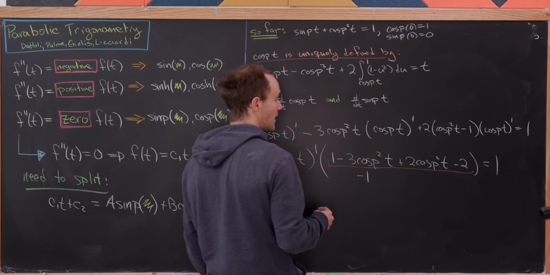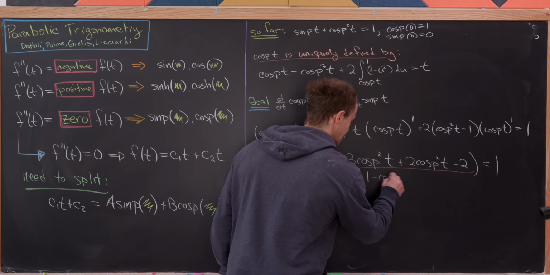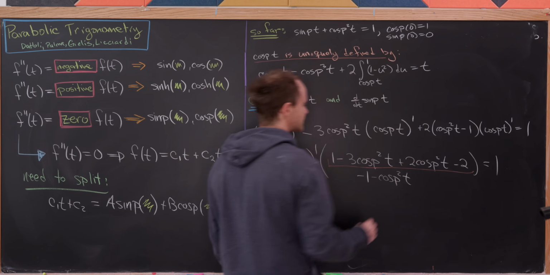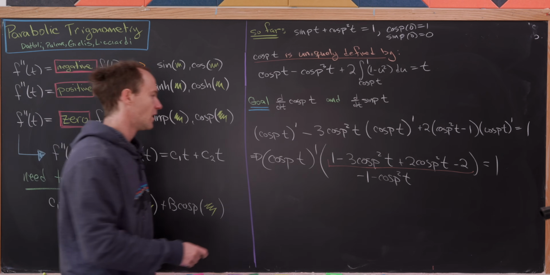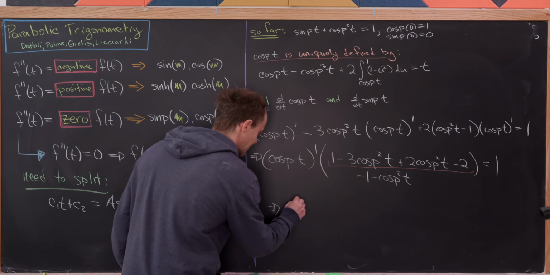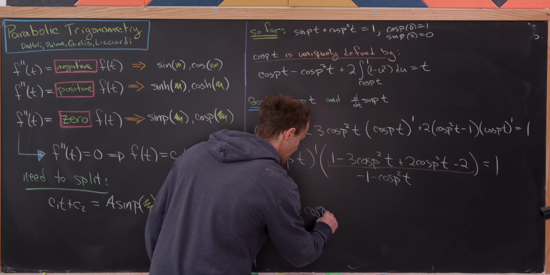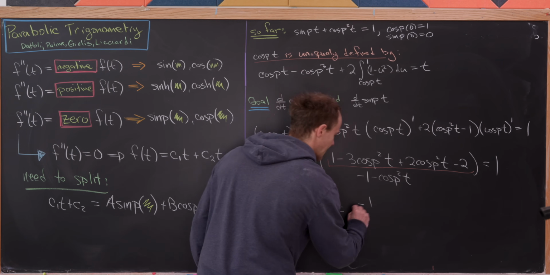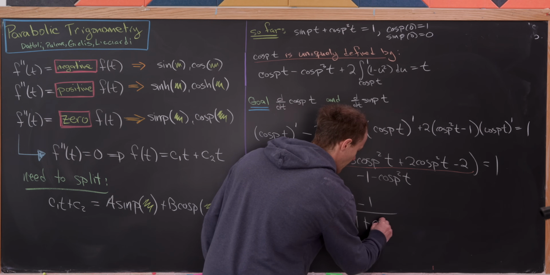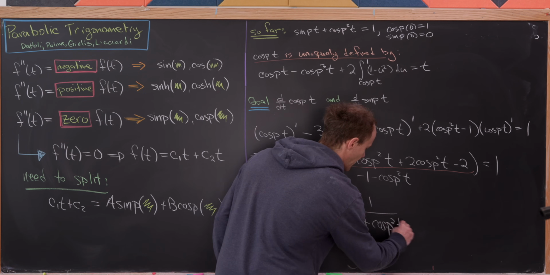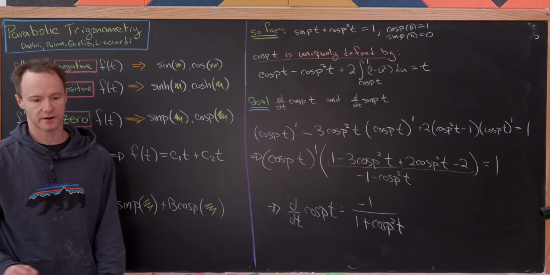And we'll end up with 1 plus cos_p squared t. Okay, but what does that tell us? Well, that tells us that the derivative with respect to t of this parabolic cosine is negative 1 over 1 plus the parabolic cosine squared.